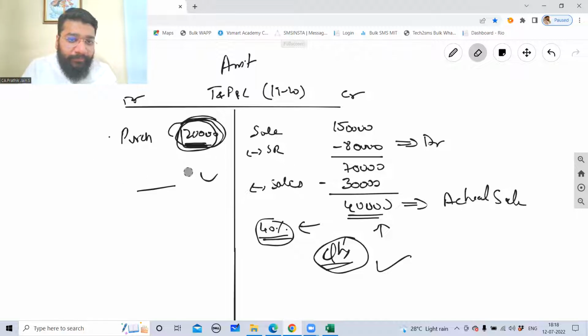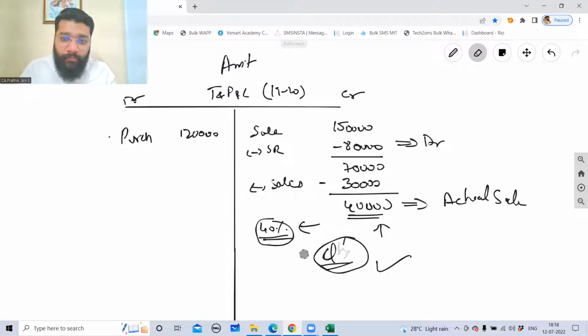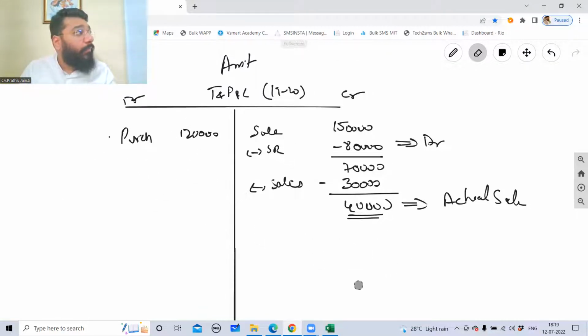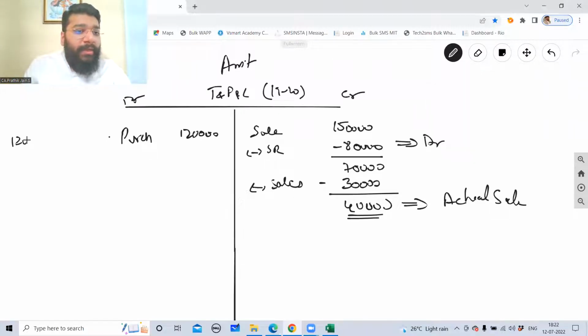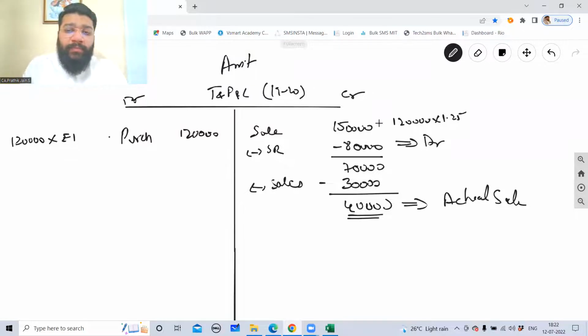Let's suppose, one second, guys. 1,20,000 chocolates is purchased for rupee 1. Now we have sold 1,20,000 chocolates at 1.25, so you'll get 150. Quantity purchased is 120, quantity sold is 120.